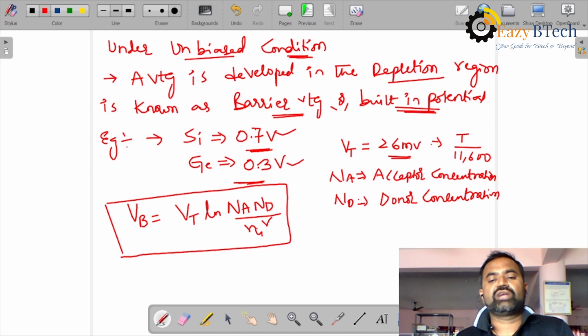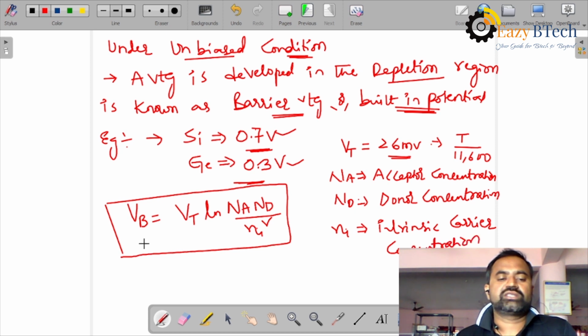Na means negative acceptor ions, Nd is the donor concentration, a positive charge. And Ni is the intrinsic carrier concentration. This barrier voltage depends upon these parameters. These parameters decide the barrier voltage across the diode, within the depletion region of the diode.